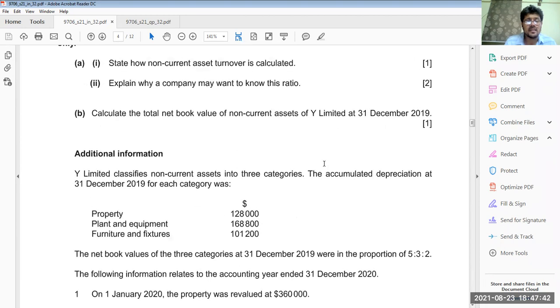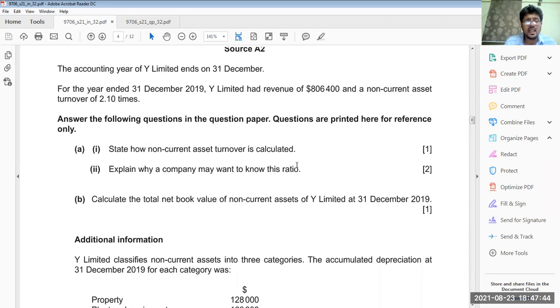Okay. Here we are. State how non-current asset turnover is calculated.